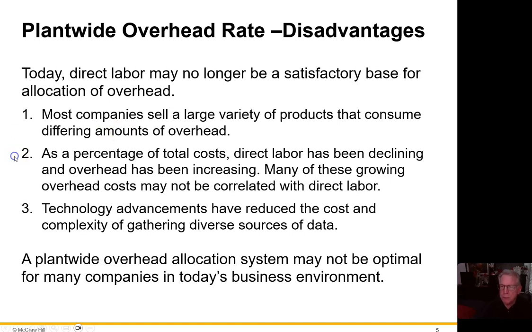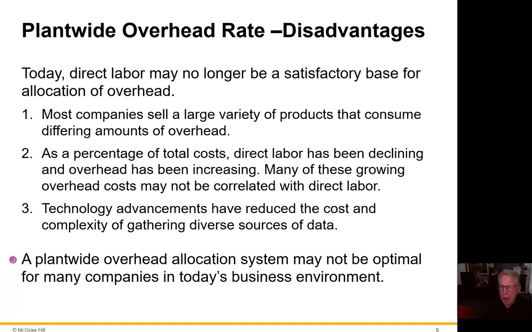Number two, as a percentage of total costs, direct labor has been declining and overhead has been increasing, as I mentioned in the previous slide. Many of these growing overhead costs may not be correlated with direct labor. And then number three, technology advancements have reduced the cost and complexity of gathering diverse sources of data.